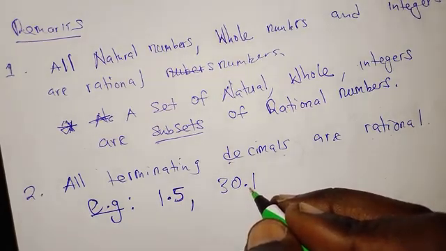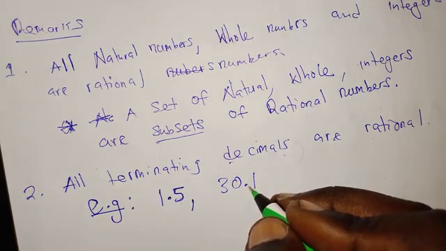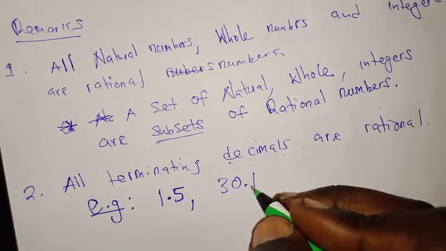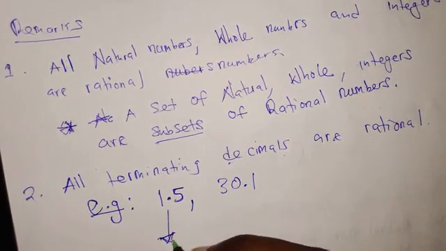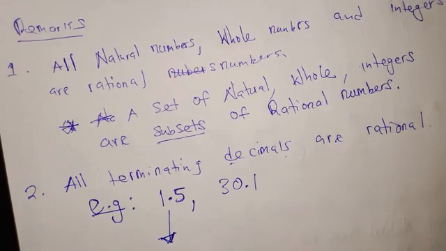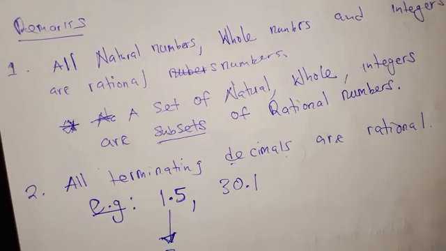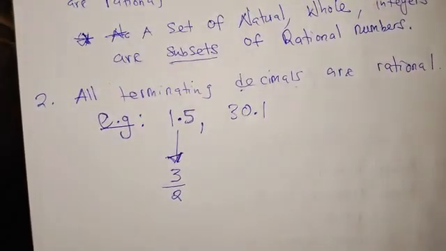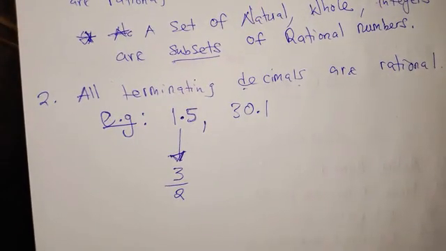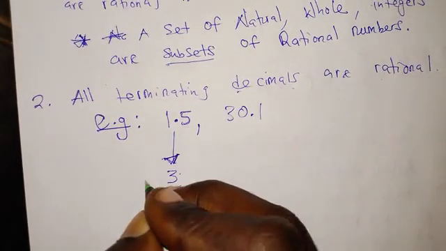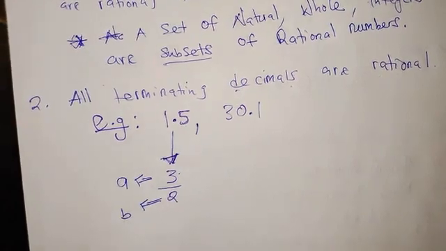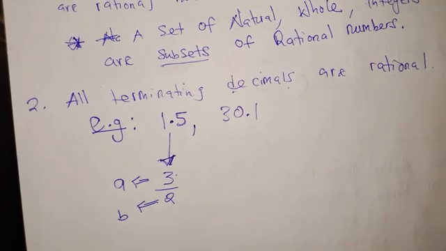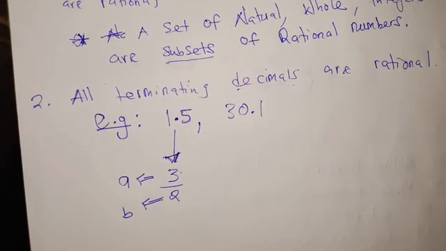Remember, rational numbers are any numbers which can be written in the form of A over B. You agree with me that 1.5 is the same as 3 over 2, where 3 is our A and 2 is our B.